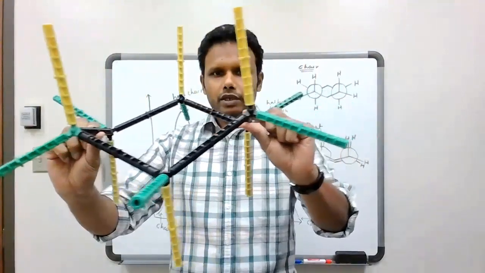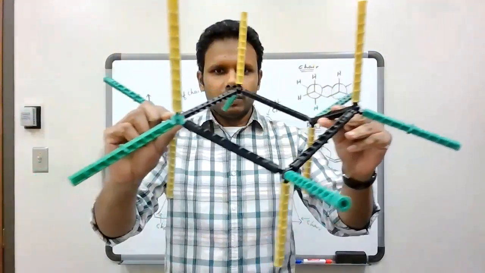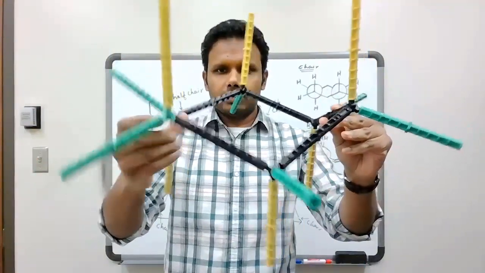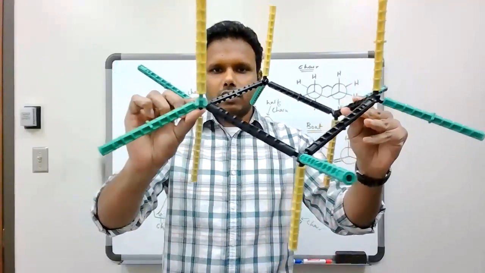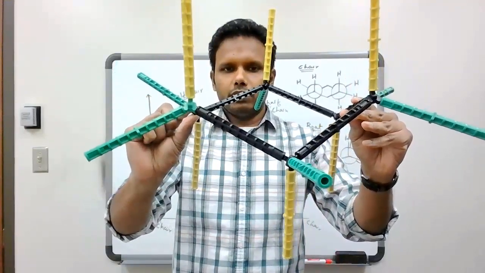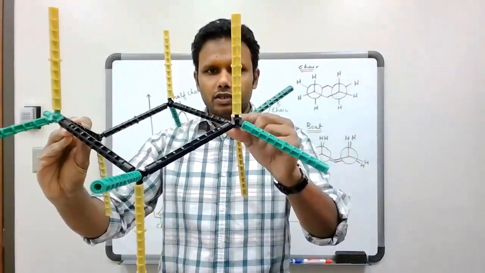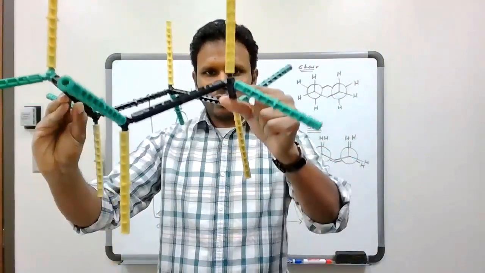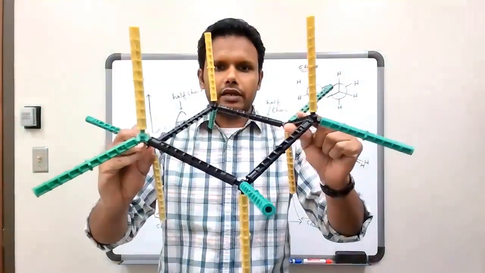The question you're trying to answer is, what sort of Newman projection do you see? Is this staggered or eclipsed? If you look along this carbon-carbon bond, notice how every group is staggered, and the same is true for this carbon-carbon bond. If you look along that bond, every group there is also staggered.